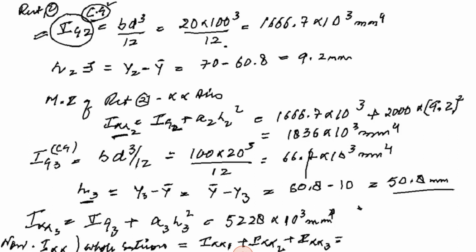That comes out to be 12850 into 10 raised to the power of 3 mm4. This is the summation, which gives you the total moment of inertia. Okay, this was regarding the moment of inertia of the I section.